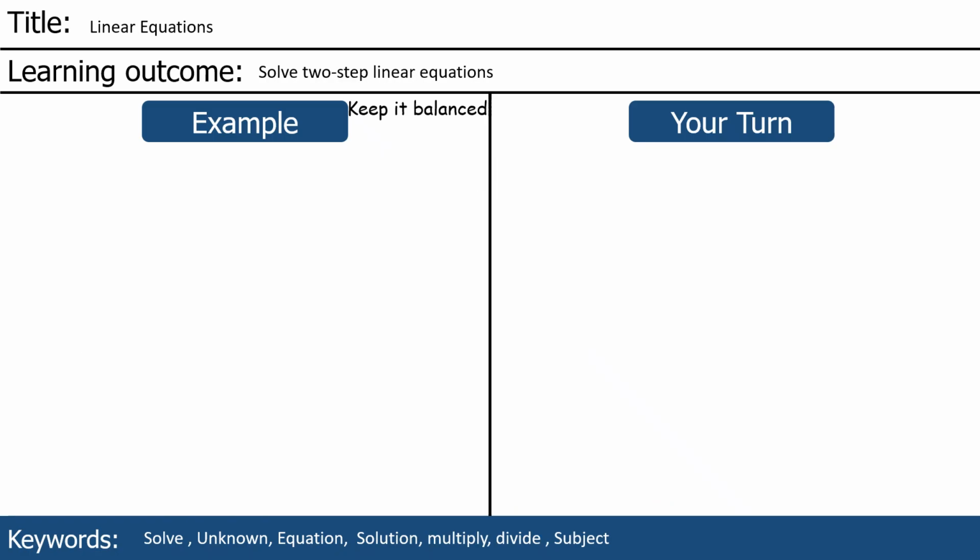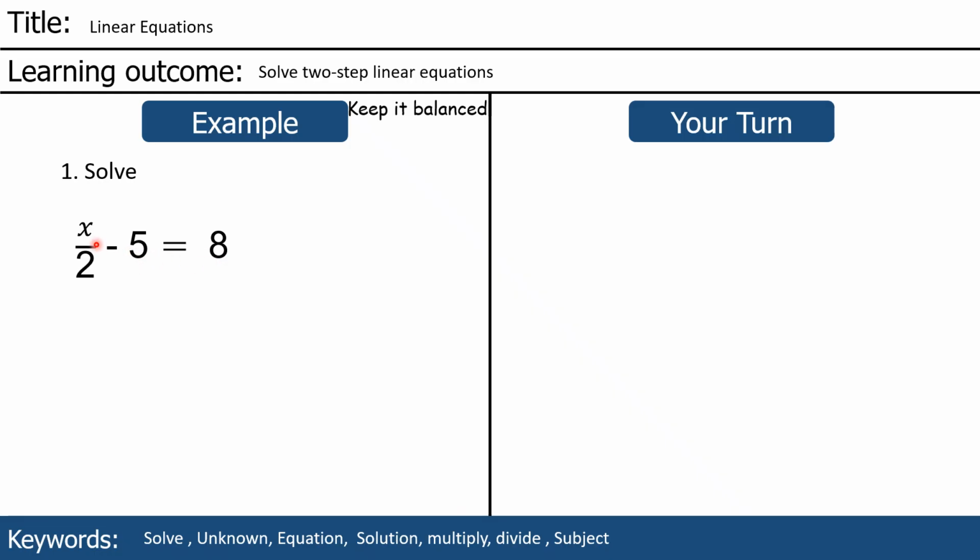Let's solve for x using the reverse operation method. These questions involve division. So here we have x divided by 2, subtract 5 equal 8.